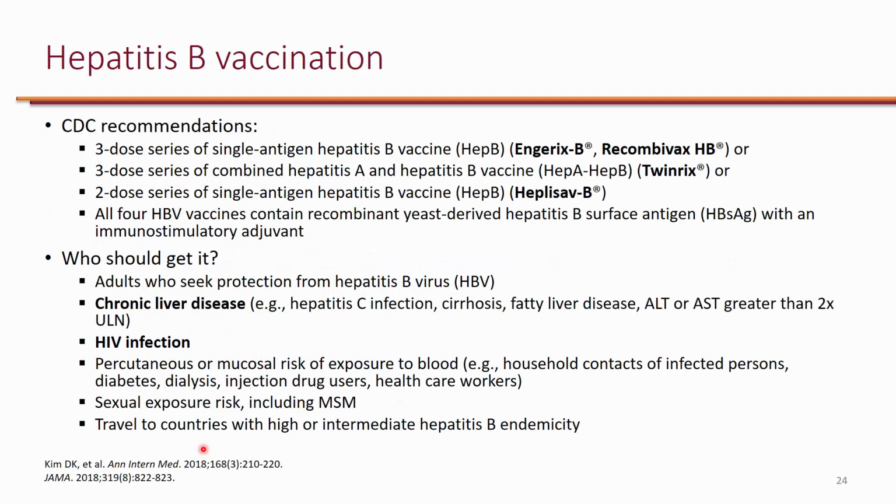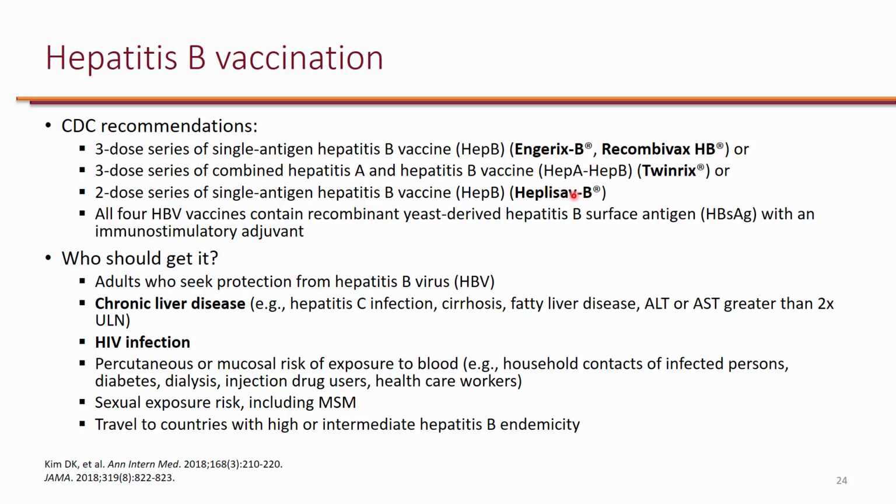And when it comes to Hep B vaccination, we actually have more options. Of course, we do have the combination of Hep A and Hep B, Twinrix, but we do have Engerix-B and Recombivax HB for Hep B. And four months ago, the FDA also approved a new formulation, so we also have Heplisav-B, which is a 2-dose series for hepatitis B specifically.